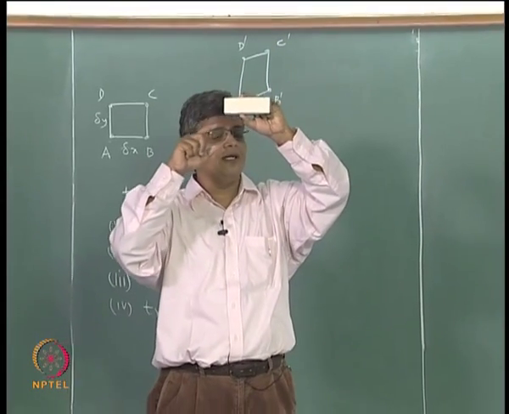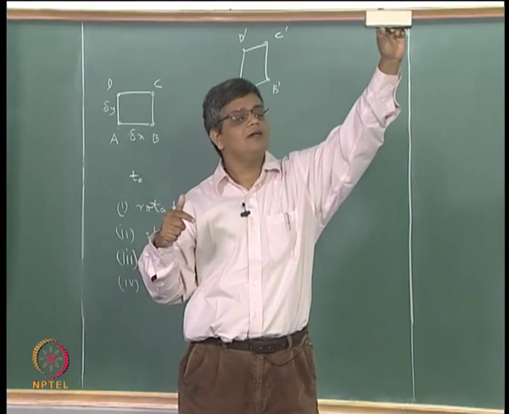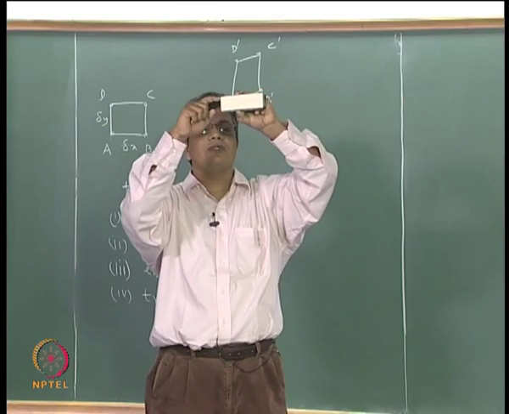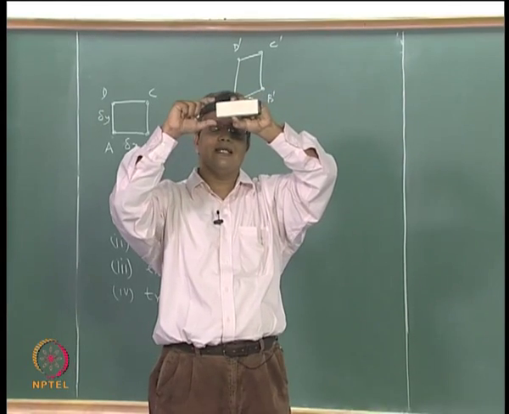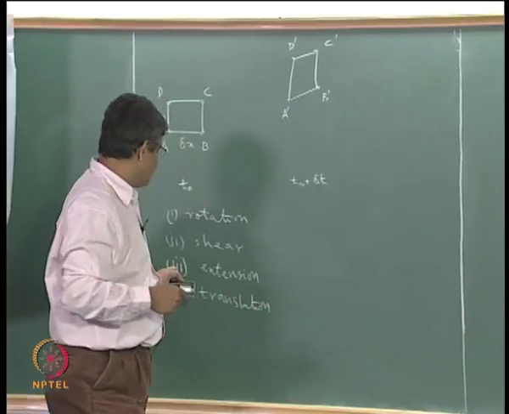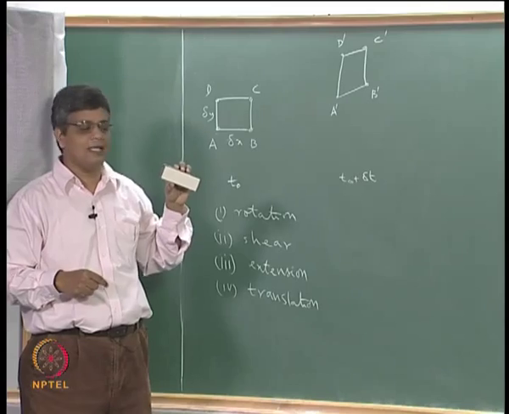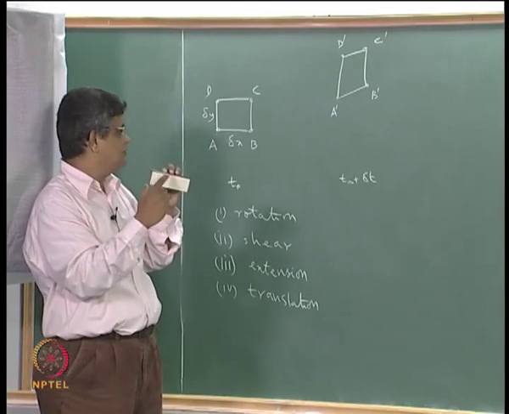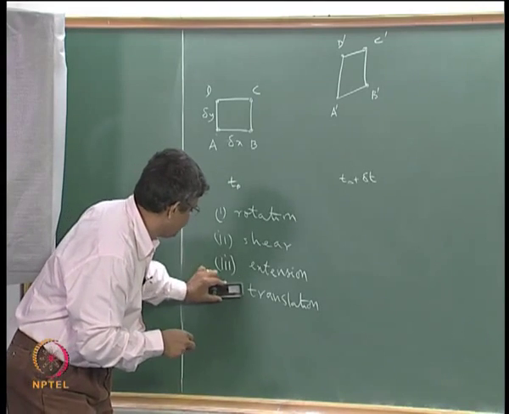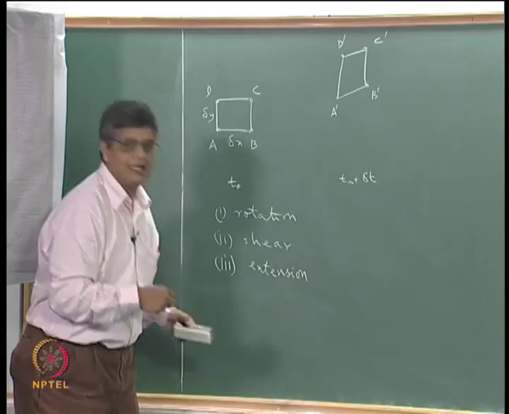If all of them have the same u and v, then they can be moved into this position, which is a pure translation in which the relative disposition of the 4 particles remains the same. So we can say that pure translation does not cause any relative disposition of the particles within this fluid, so we can leave this out as contributing to the relative motion.